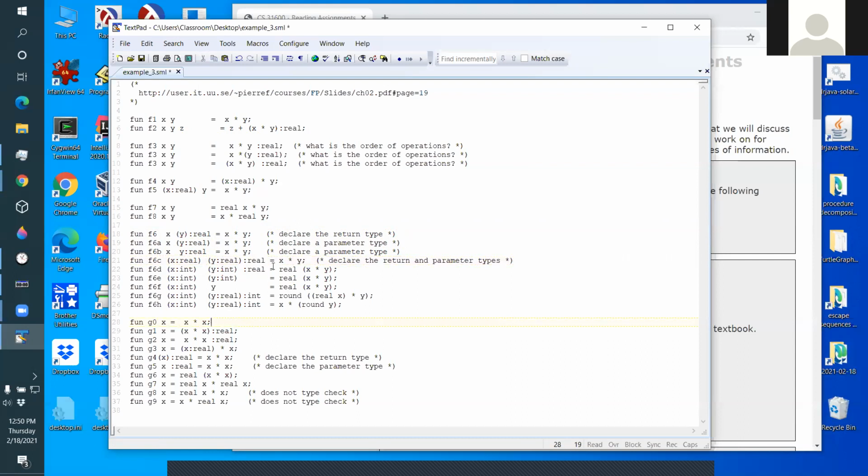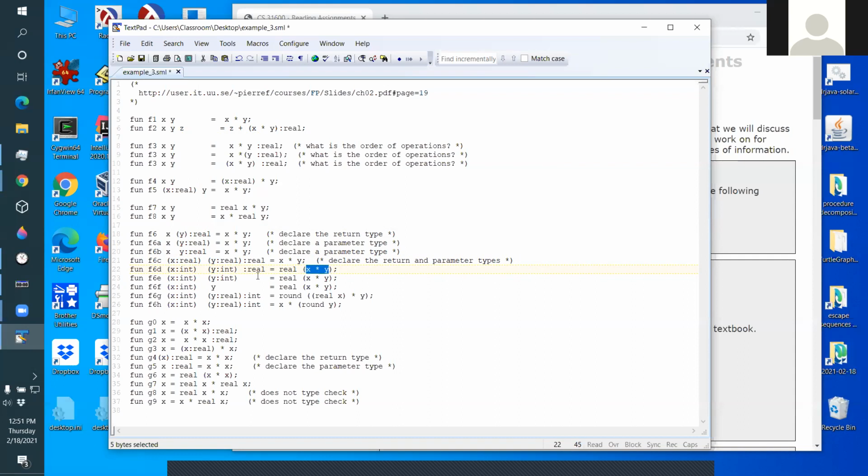Now, here's one that's different. I'm saying that x is an int and y is an int, but the return type of the function is real. You go over here and you start looking. Well, does this make sense? This is the product of two numbers. They're either both ints or both doubles. Okay. I said they're both ints.